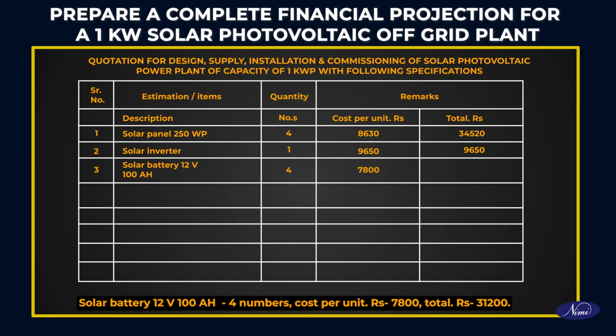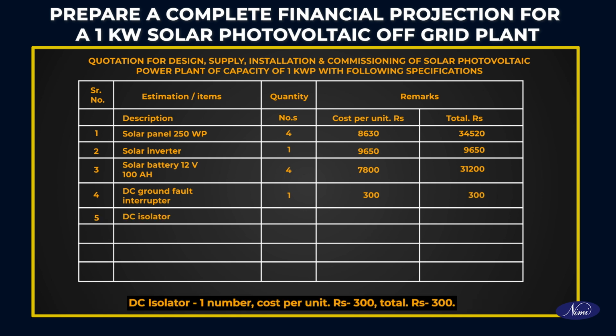Total ₹31,200. DC ground fault interrupter, 1 number. Cost per unit ₹300. Total ₹300. DC isolator, 1 number. Cost per unit ₹300.